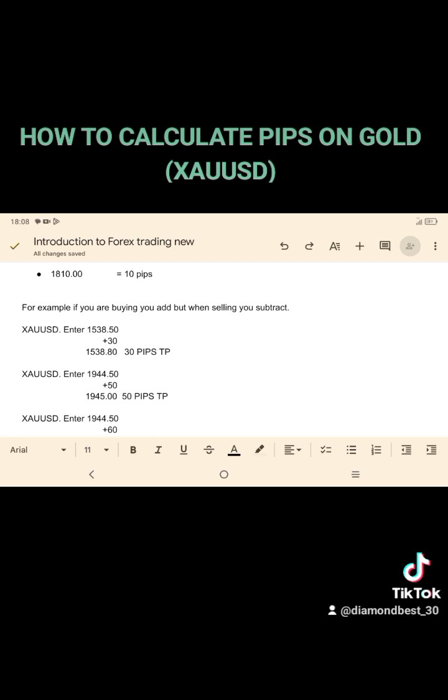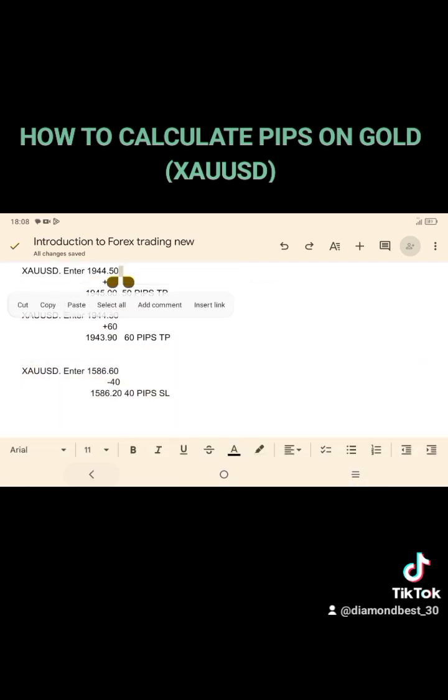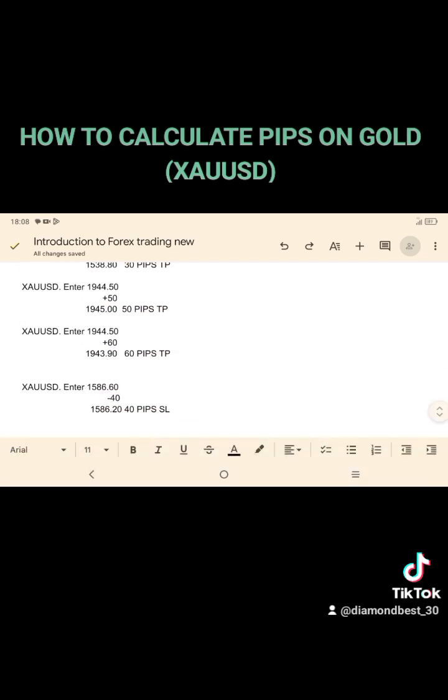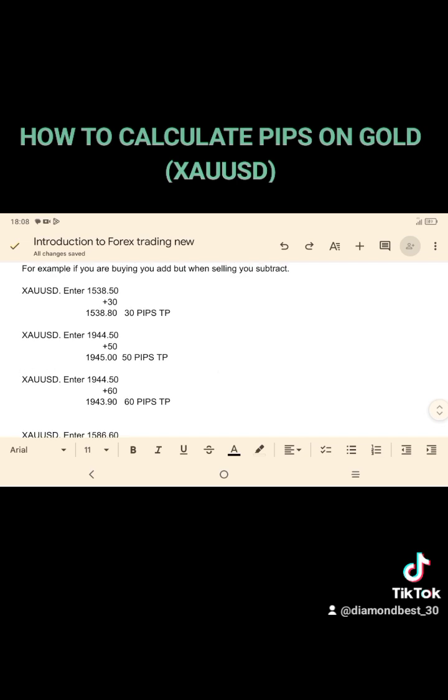You calculate after your decimal number. Let's say we want to take 30 pips from the market, and gold is about 1538.50 and we want to take 30 pips from the market.